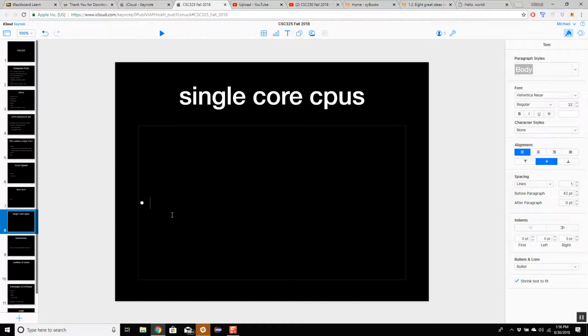All right, so single core CPUs scheduled by OS for multitasking.